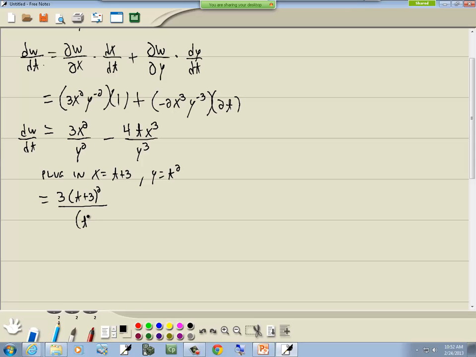So we're going to have t squared squared. Again, the y is equal to t squared. I put that in for the y. Minus 4t times x to the third. So we'll have t plus 3 to the third. Over y to the third. So we'll have t squared to the third power.